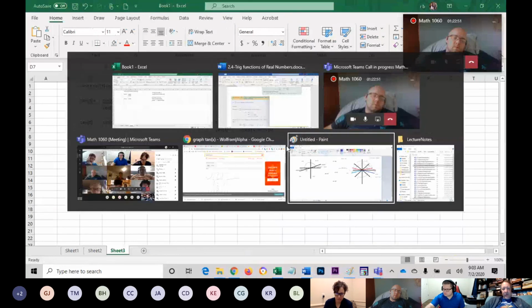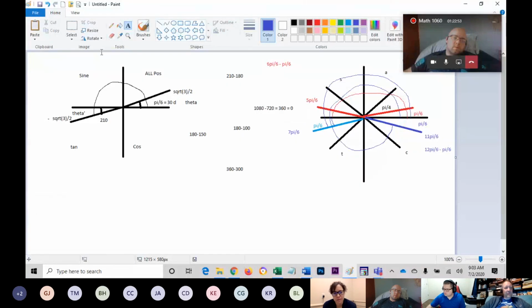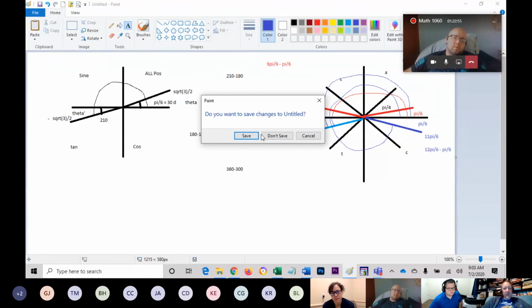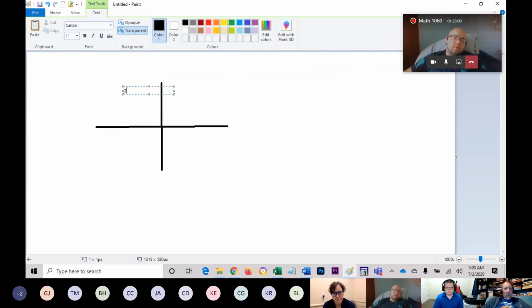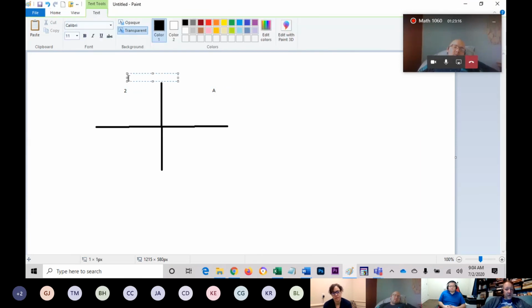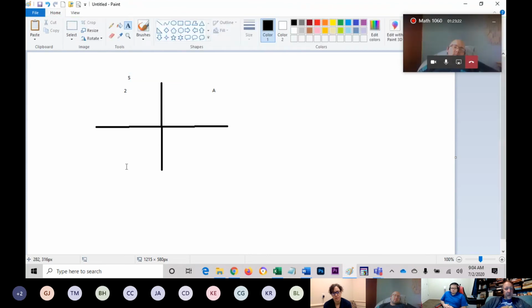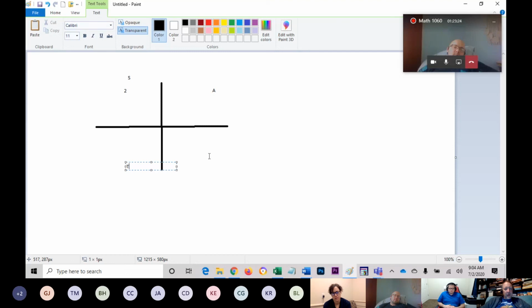So going back to here, let me just open up a new page. I am in quadrant 2, right? So in quadrant 2, all students take calculus.